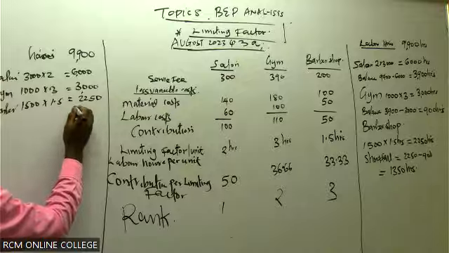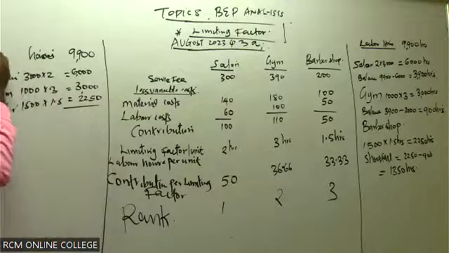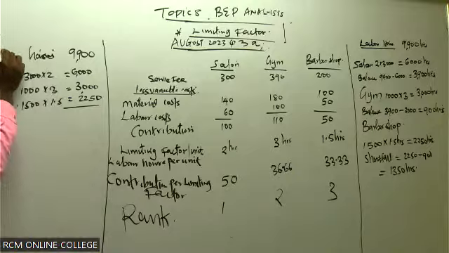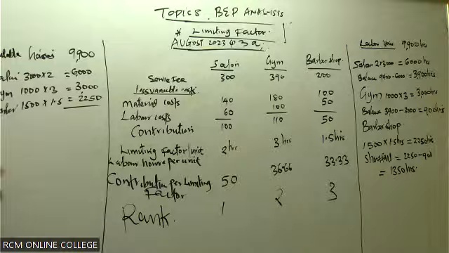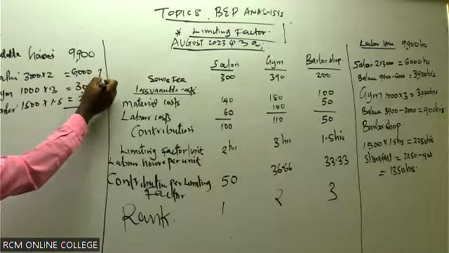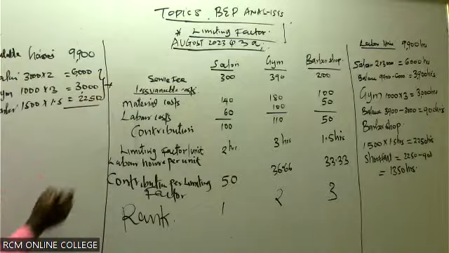So the total hours available, then we have hours needed. So the hours needed, we basically add these ones here. Ukiongeza utakuwa na ngapi total?